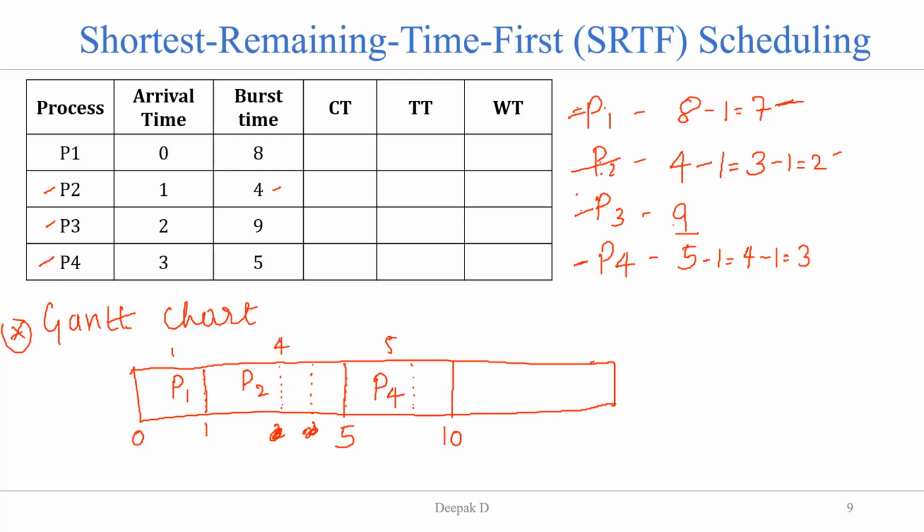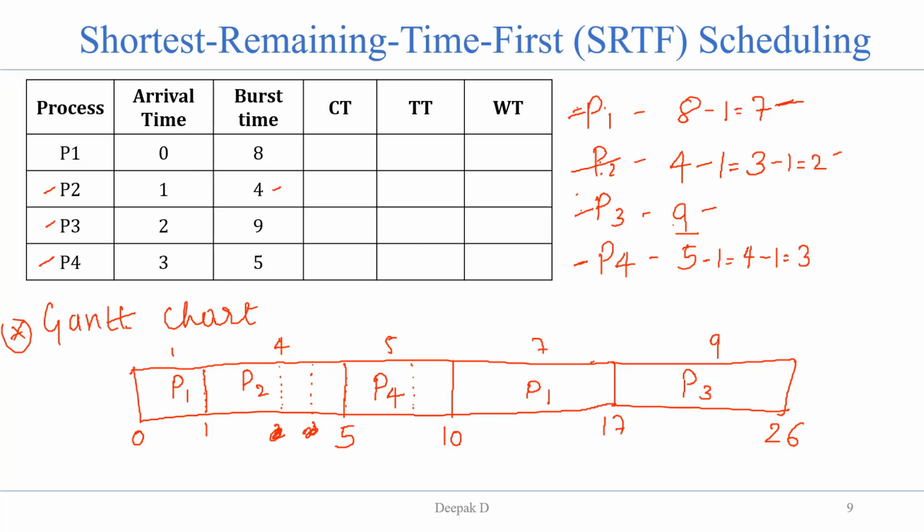So I execute P1 for 7 milliseconds and it is 17. And the last one is P3, which is having 9, that is 26. So this is the way we go with shortest remaining time first, that is preemptive SJF.